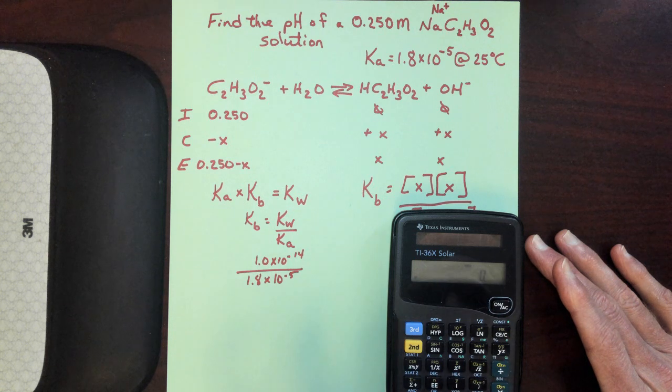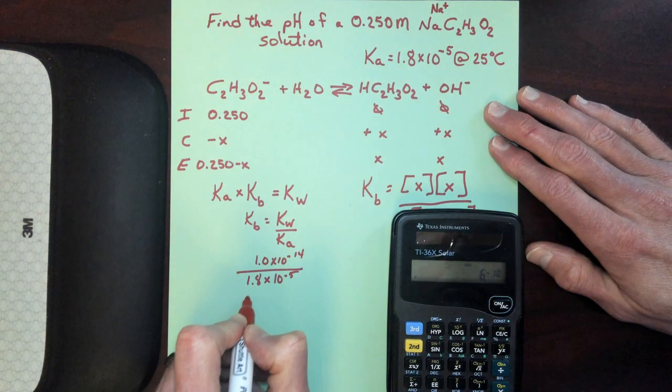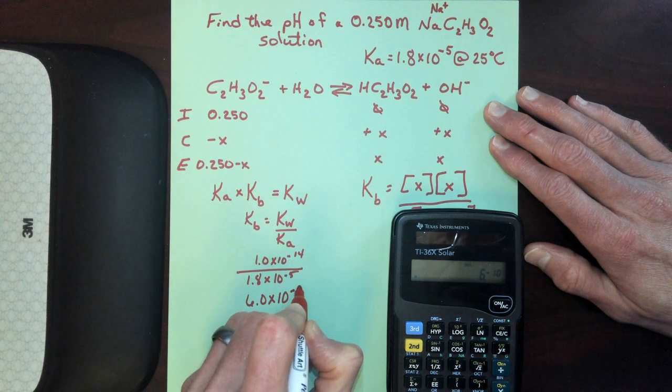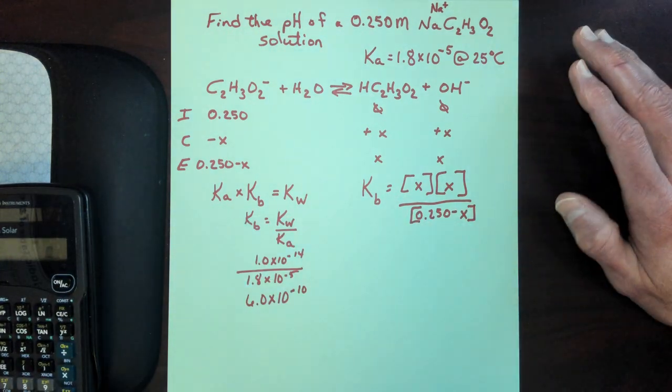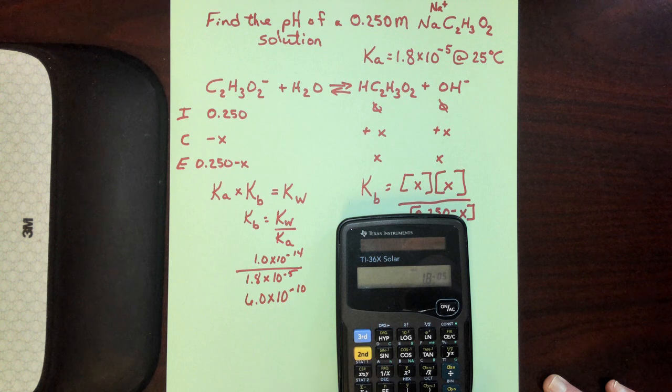So again, how I did that is I went 1.0 exponent negative 14 divided by 1.8 exponent negative 5.